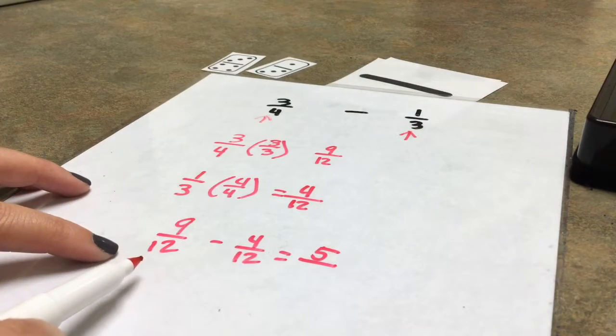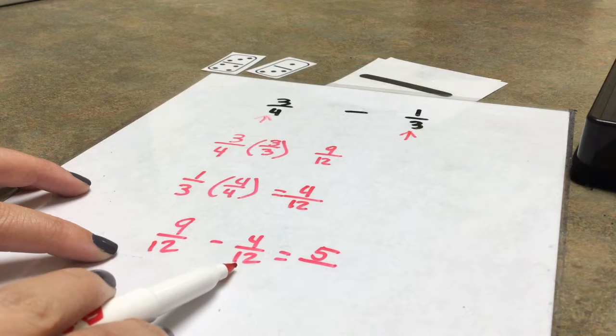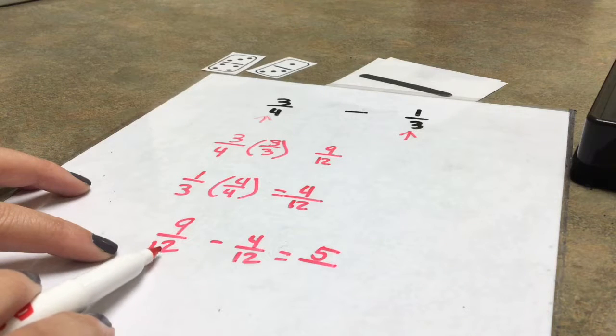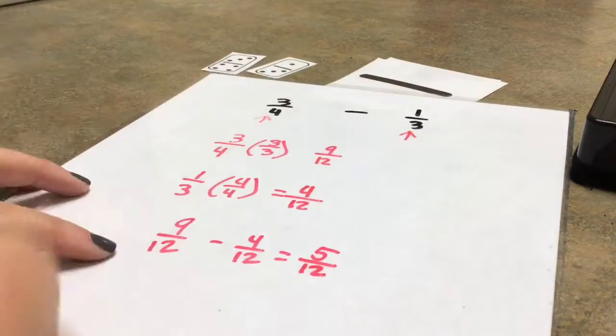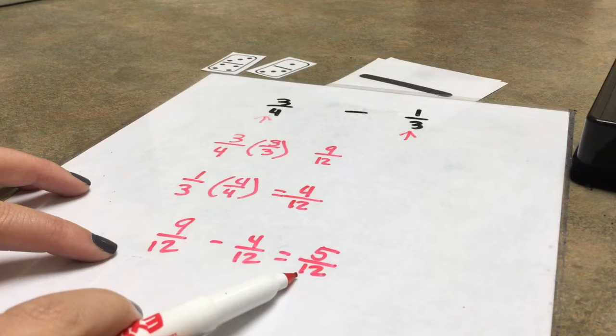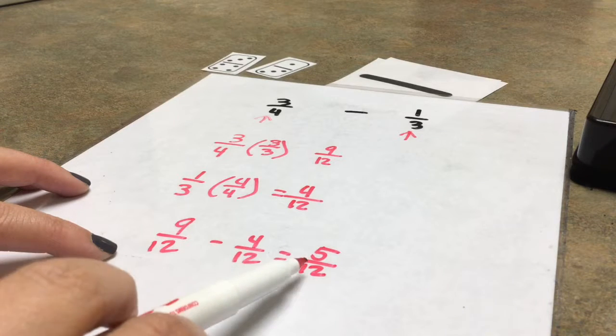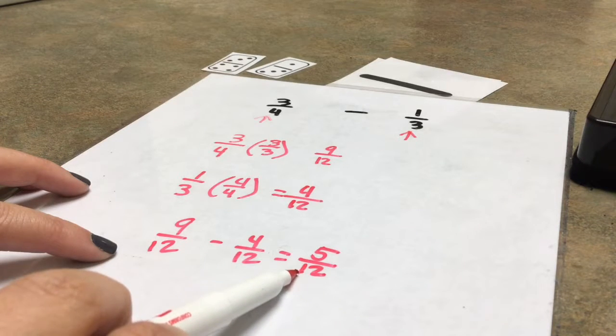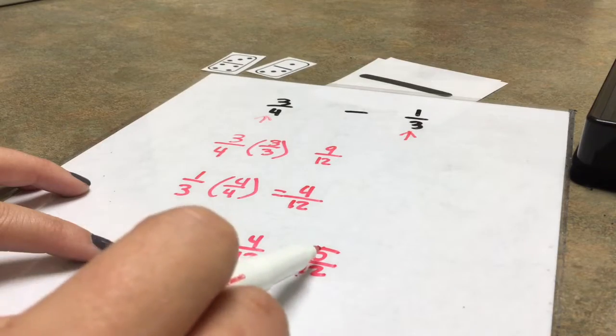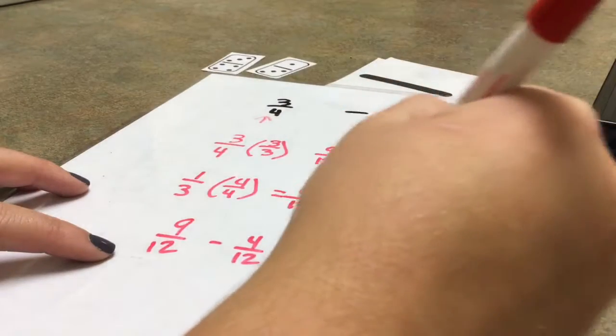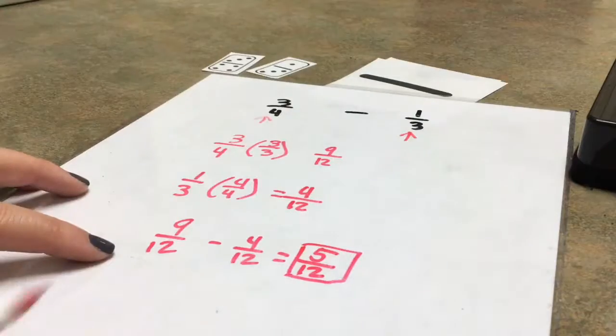And just like in the previous problem, now that we have a common denominator, this tells us how many pieces make up our whole. So we're still in 12ths, so we're going to have our 12 in this fraction, okay? Because there's 12 total pieces that make up our whole. How many do we have? 5. So our answer is 5 over 12.